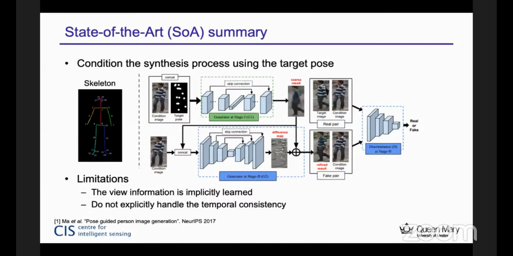What we mean is that the target pose is not restricted to be in a novel view. It could be captured from the same view, but the pose is just different. Another limitation of this class of methods is that the type of model used does not explicitly handle temporal consistency.